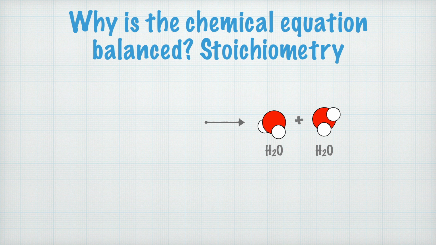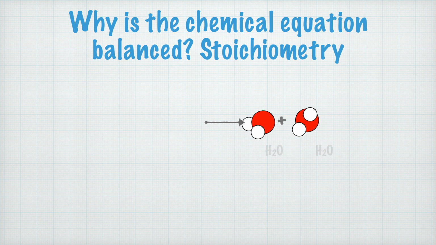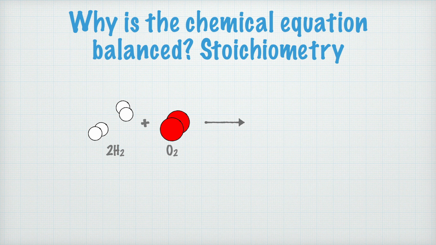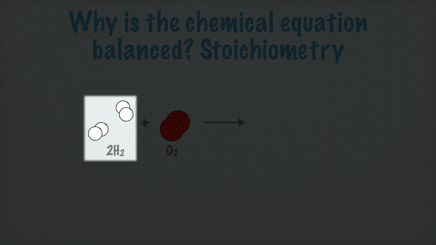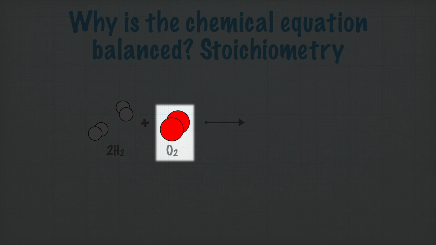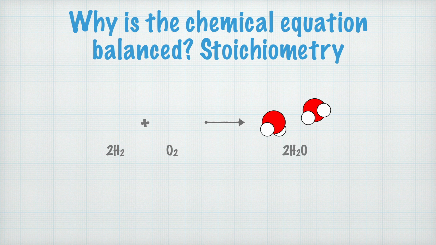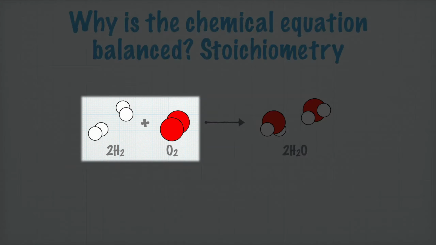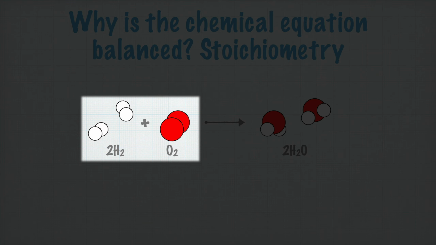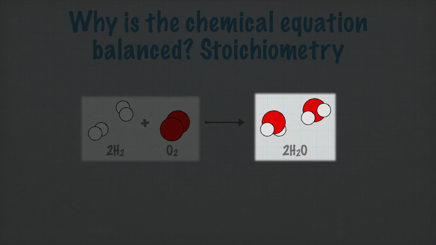But these extra 2 hydrogen atoms, they don't just appear out of nowhere. They must have been there from the beginning too, which means that there must be 2 hydrogen molecules that react with 1 oxygen molecule. And they turn into 2 water molecules. Everything that is here on the left side of the reaction arrow turns into everything that is on the right side.